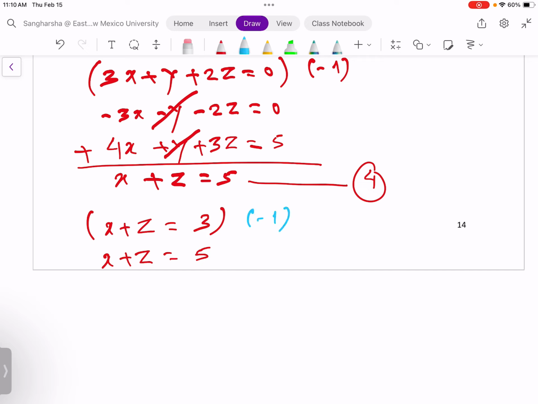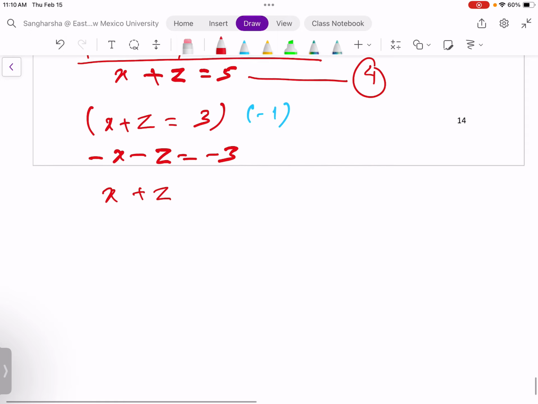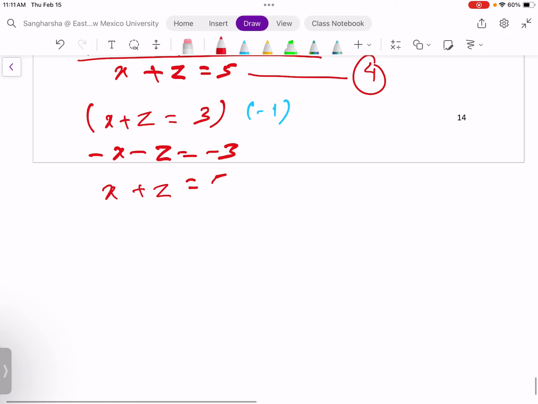So after we multiply, when we multiply equation 1 by -1, we get -x, -z equals -3. We add this equation with equation 4, which is x plus z equals 5. We are adding.